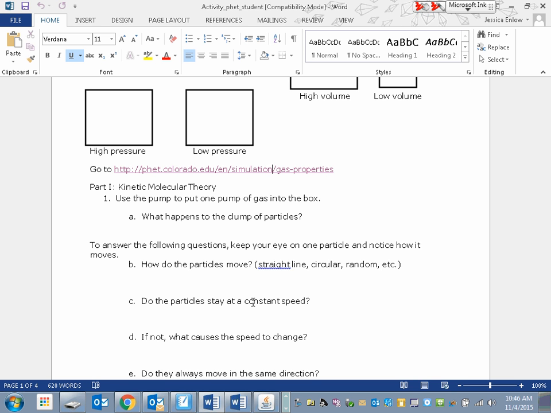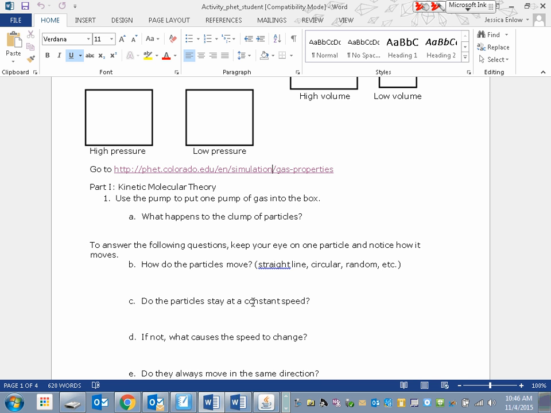Okay, so it increases 0.5 atm. No, 0.0. Okay, so it increases the temperature and the pressure. Keep your eye on one point.